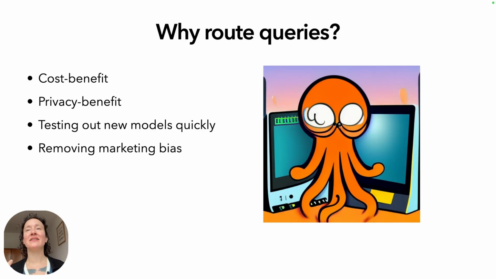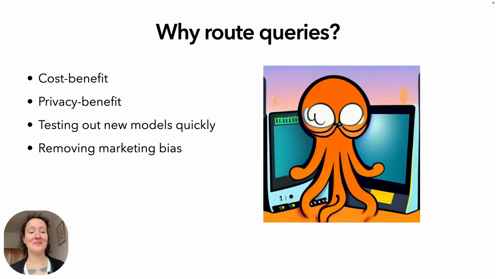But maybe sometimes there's really good marketing that we find attractive, and then we think, oh, that model must be better. I'm going to use it for things. And one cool thing that routing can show us is where maybe some of that marketing and human bias lives, and we can start actually thinking through more mathematically what models are good at what tasks and how do we want to then separate those.